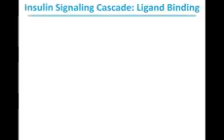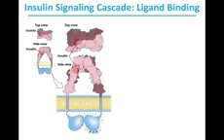Insulin signaling cascade begins with insulin binding to the insulin receptor protein. The active insulin receptor protein consists of two identical alpha subunits protruding from the outer face of the plasma membrane.